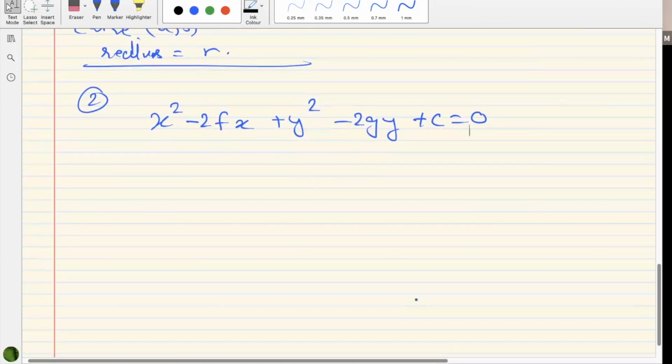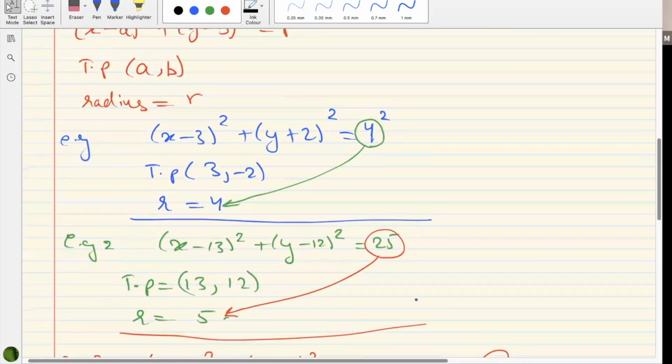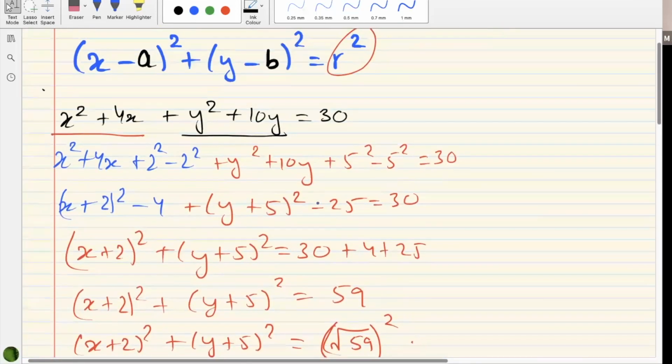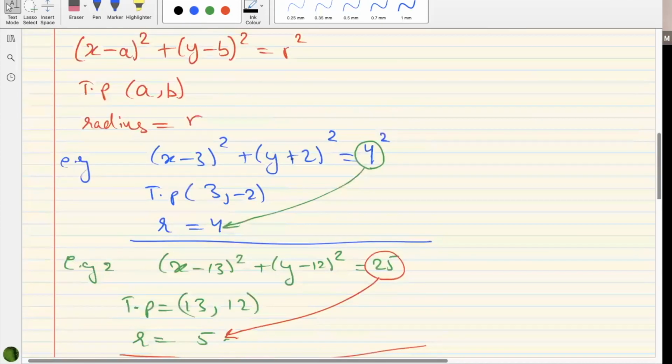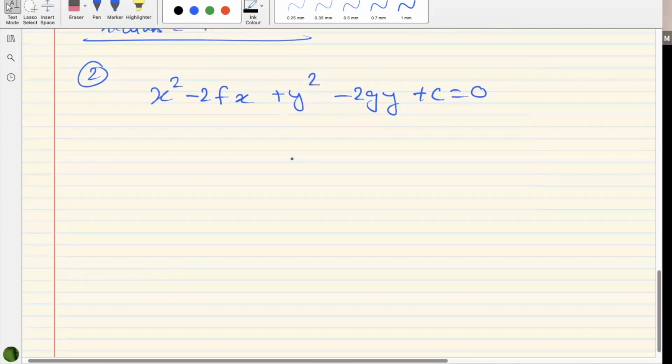If you see, we actually started off with this line over here. This is x squared and x, then y square and y, exactly in this way: x squared, then an expression for x, y square, then for y, and c. So when we actually go for completing the square, it is always this case.